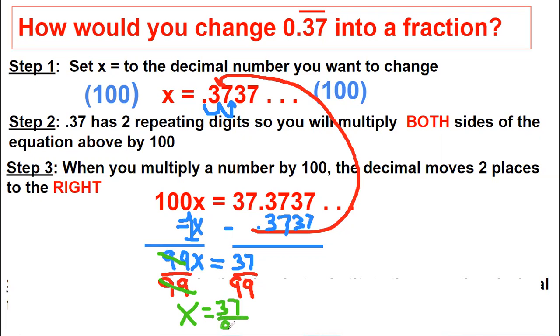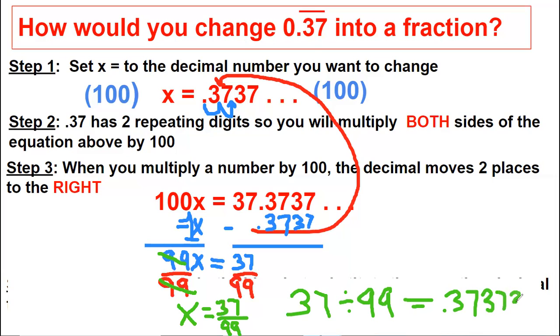That is a fraction. If you take your calculator and you divide 37 divided by 99, see what you get. Pause the video, see what you get when you divide 37 by 99. Okay, did you get 0.3737?